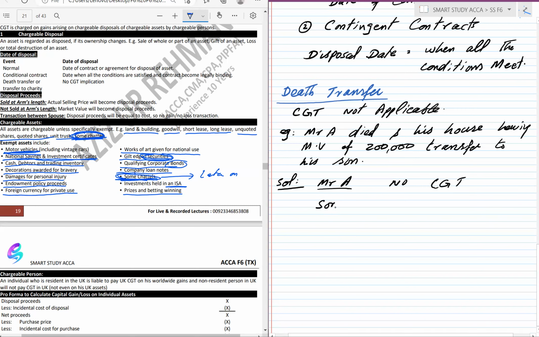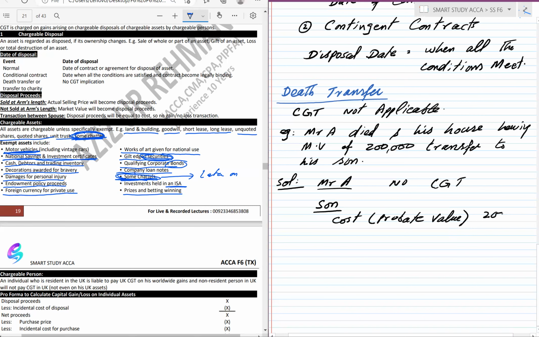What are the tax implications for the son? The son has received this asset at the time of death of the father. So for the son, cost will be probate value. Probate value means market value at the death date of an individual. So the market value of the house as on the death date of Mr. A is £200,000.